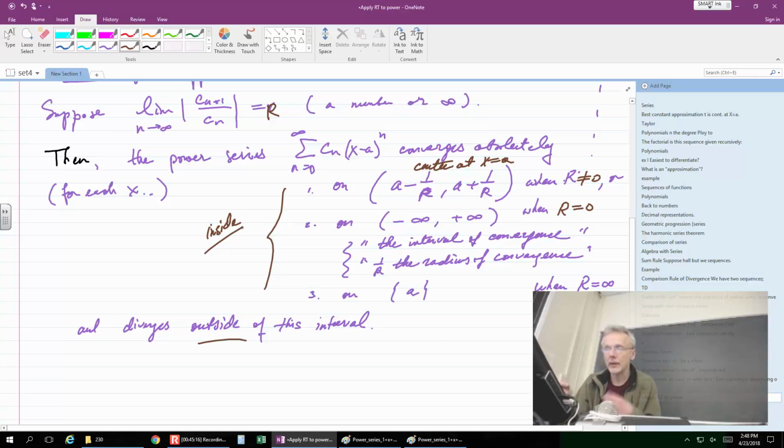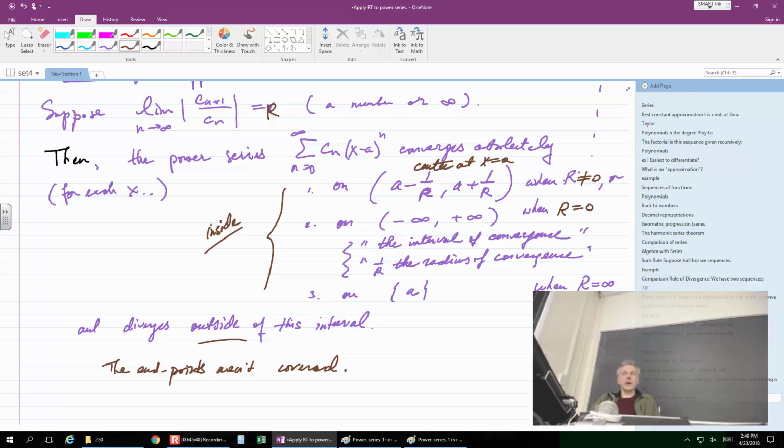The endpoints are not covered, because r equal to 1 is when the ratio test fails. So you have to consider them separately, invoking things other than the ratio test. You will be invoking p-series or geometric series, one of those two. We'll do a little bit of that next time.